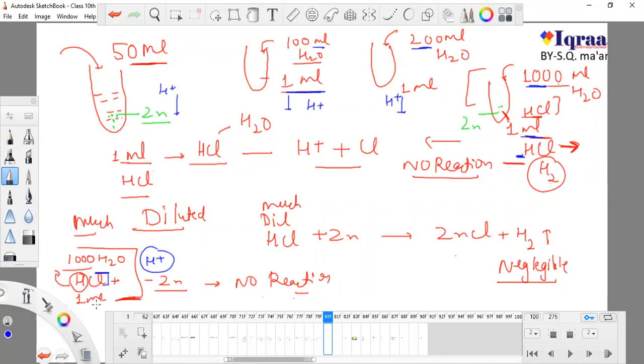Now 1 ml of HCl with 1000 ml of H2O is not an acid, and there will be no reaction.